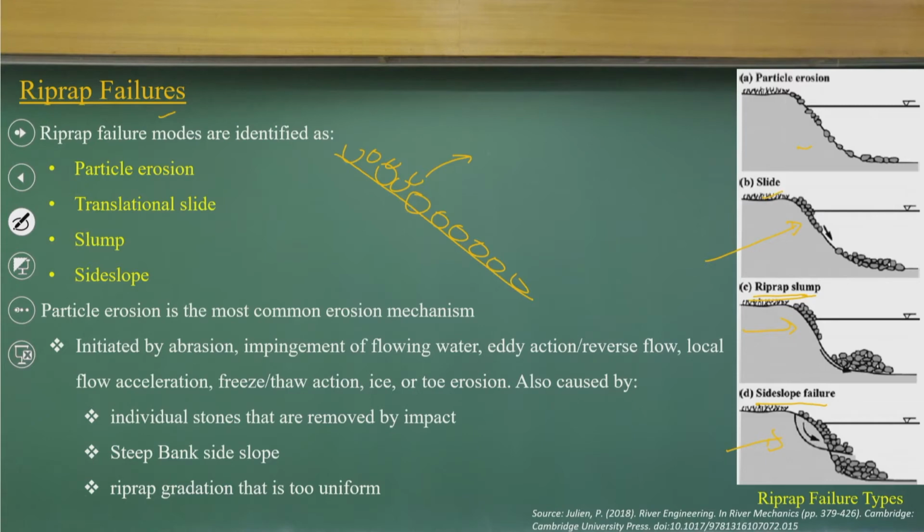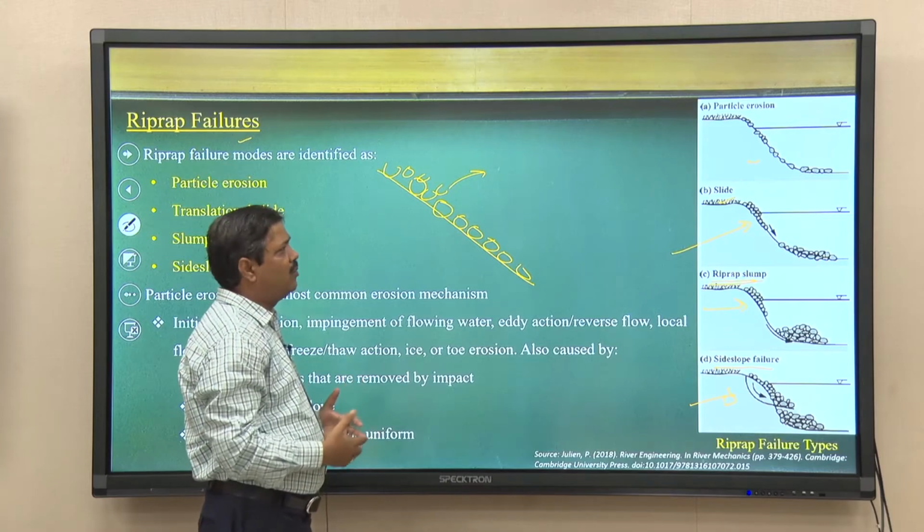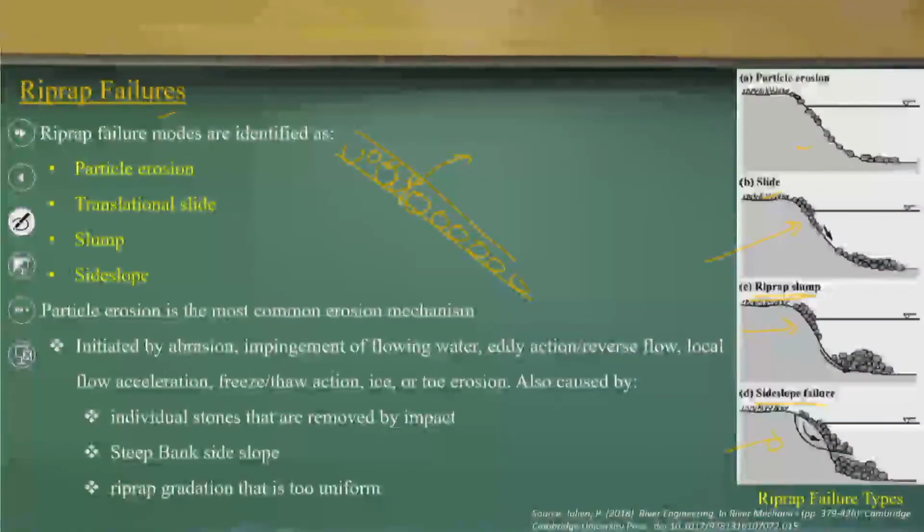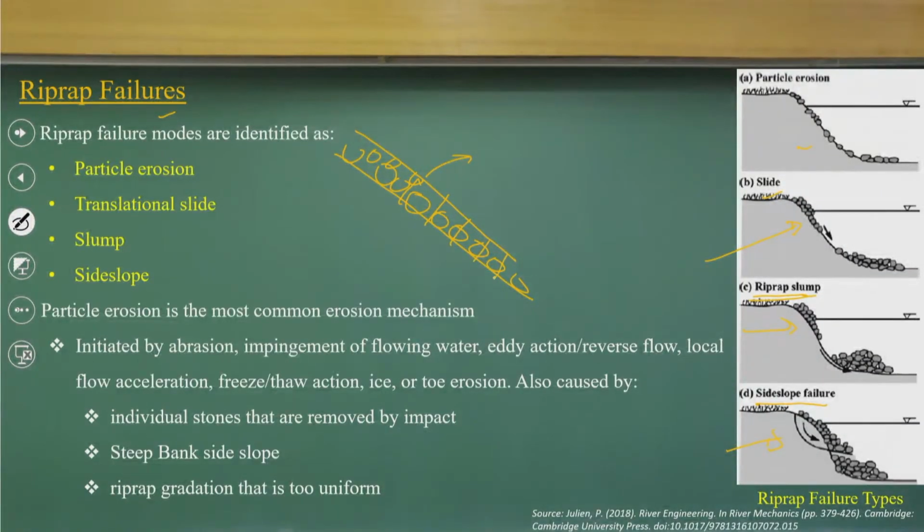That is what nowadays we try to avoid, because we follow the Gabion matrix concept. That is what I will show to you. Nowadays we follow this Gabion matrix concept, so this type of particle erosion or slides does not happen, but riprap slumping or side slope failures can happen.